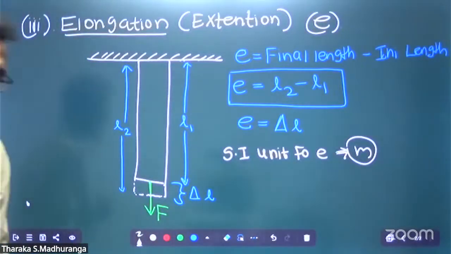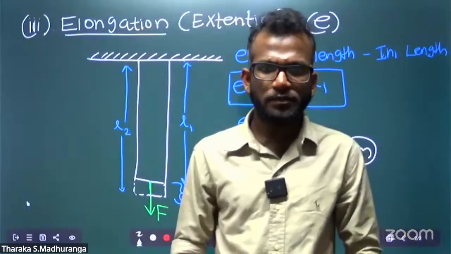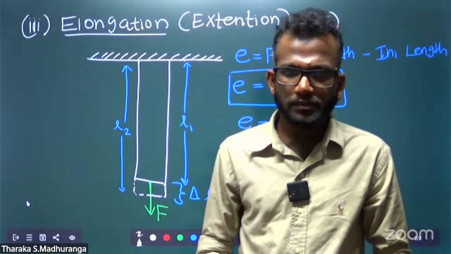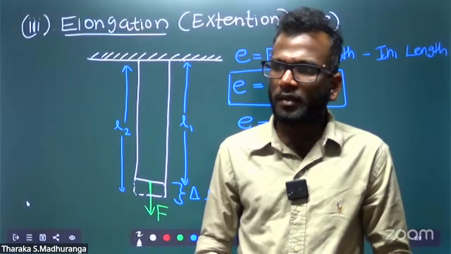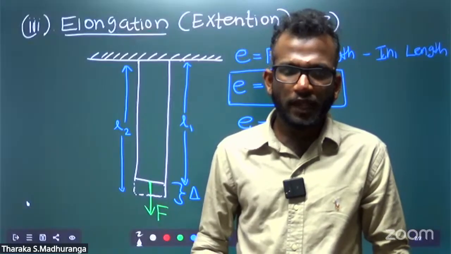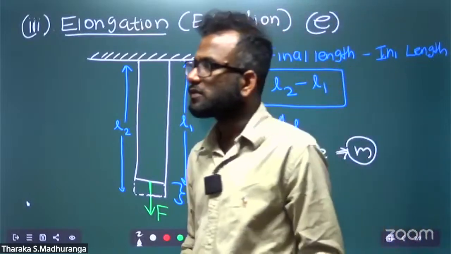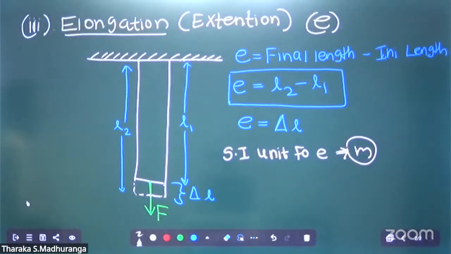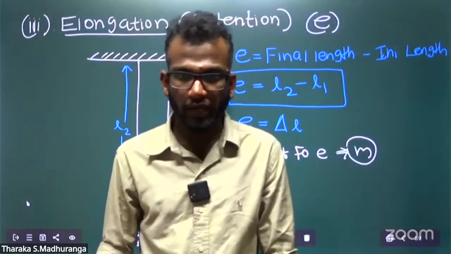Final length and initial length; the difference between final length and initial length. Therefore, the standard unit for elongation is the meter. Okay, that's the elongation.